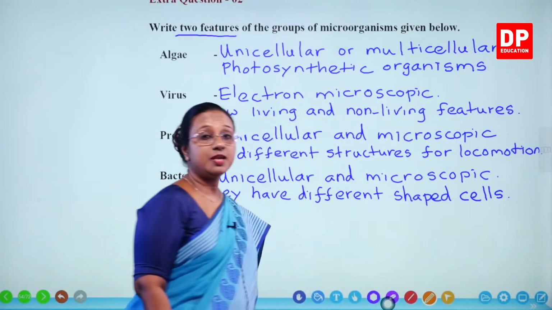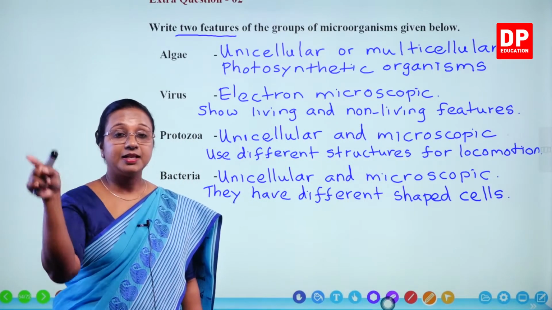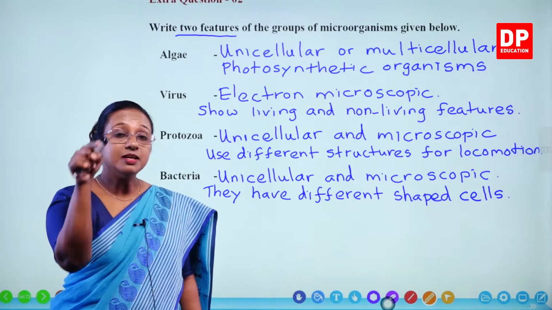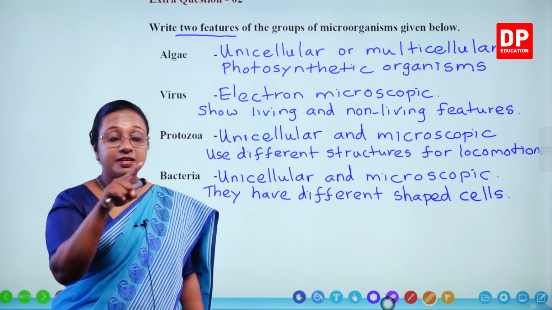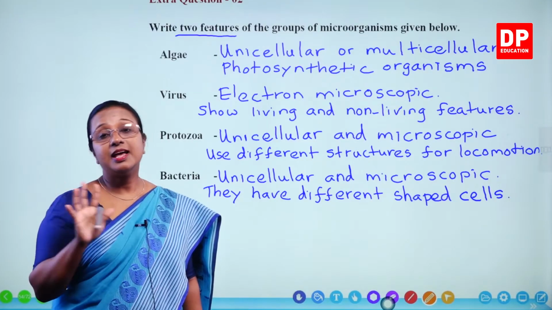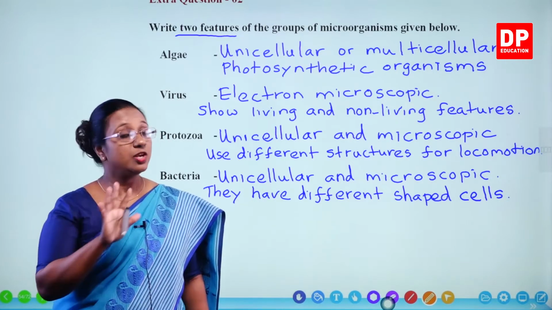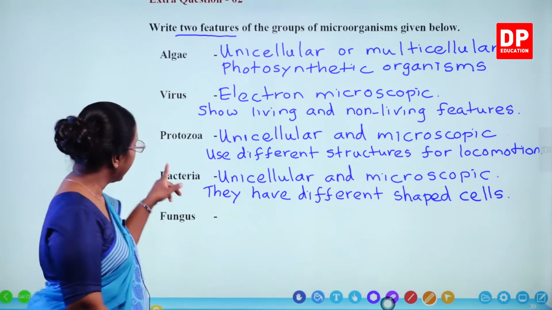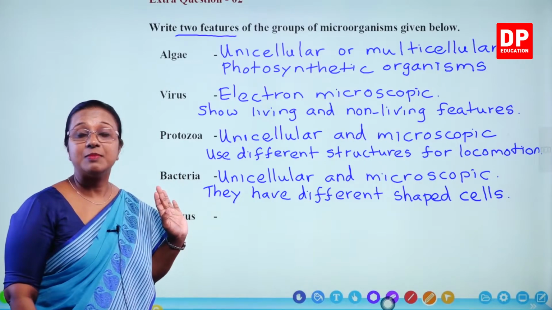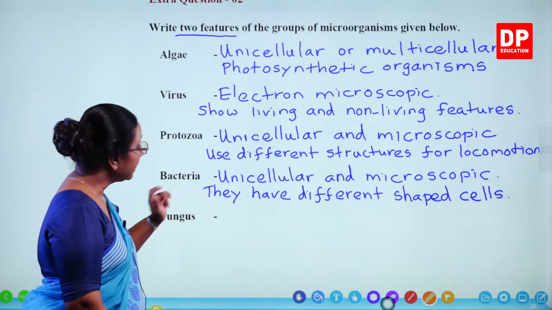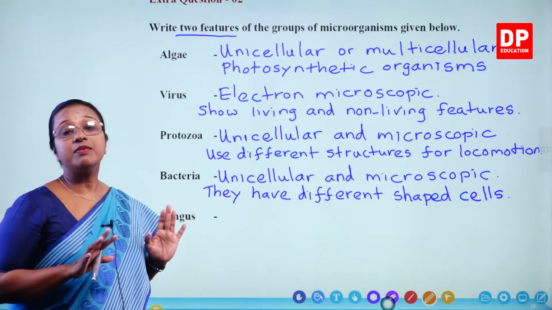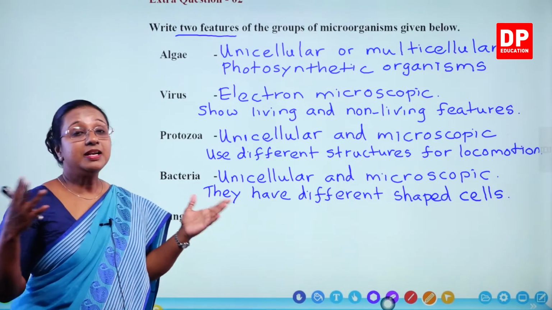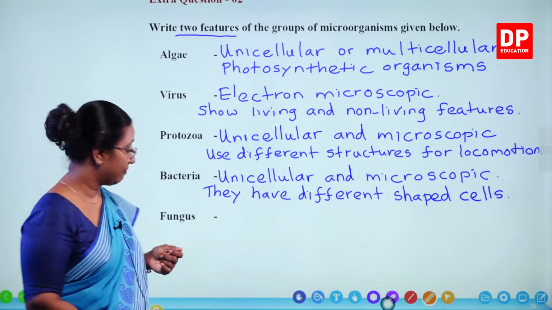Can you remember the shapes? The bacillus like a rectangle shape, coccus like a circle, then the comma-like or spiral structure. There are many different shapes. You don't have to go into detail, just remember their property: they are all unicellular and microscopic. And they can live in any type of environment on Earth, the favorable environment as well as the hostile environment.